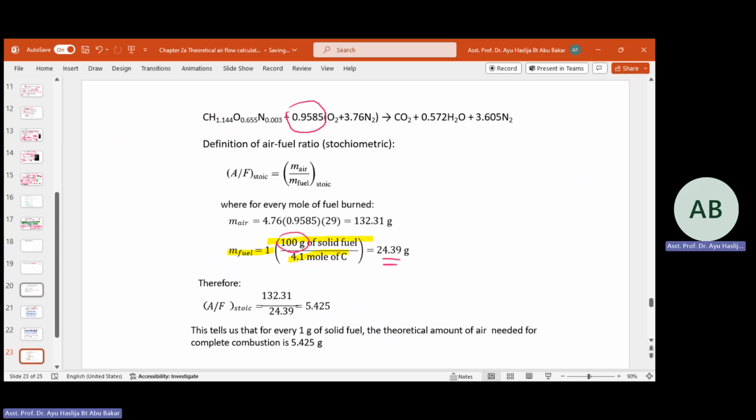For the same reason, carbon is the biggest component in the fuel. That's why we base it on carbon. So this m_fuel value is just an approximation.